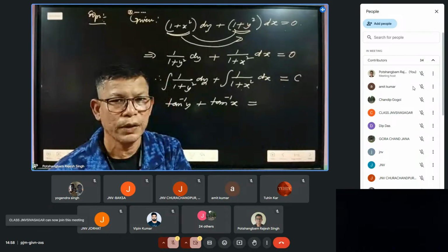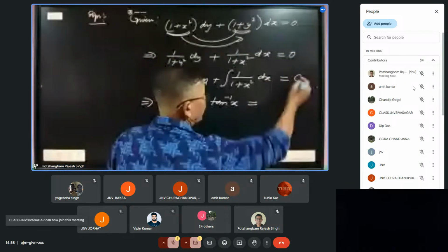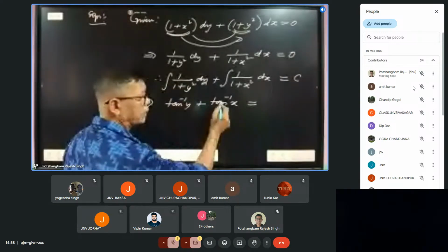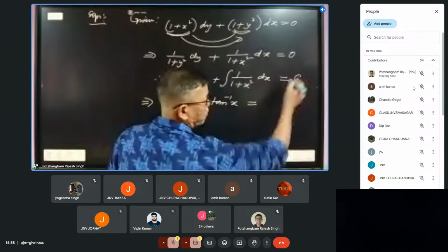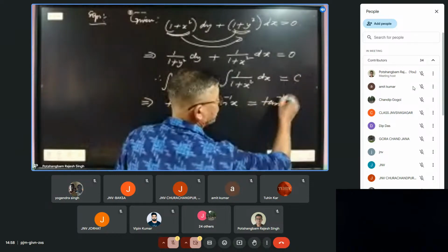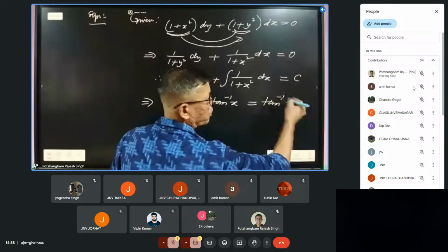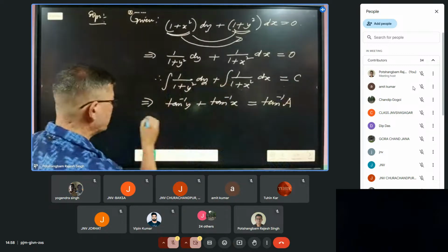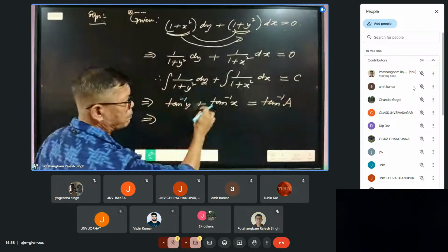Since on this side we have tan inverse all the time, it is better to make this constant a tan inverse too. So instead of C, you can write tan inverse of any arbitrary constant, say A.